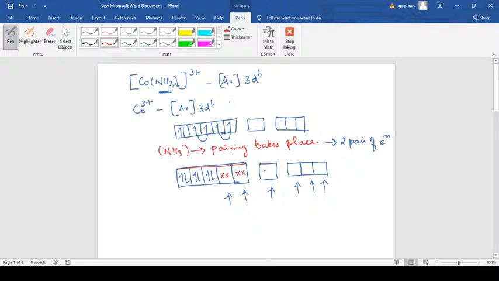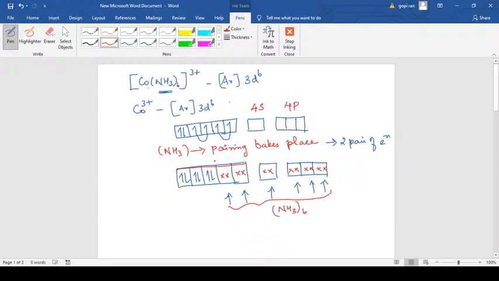Each ligand gives a pair of electrons, so 6 ammonia gives 12 electrons. This is the 3d orbital. This is 4s, 4p.